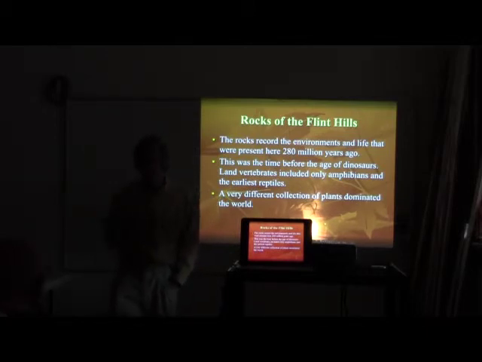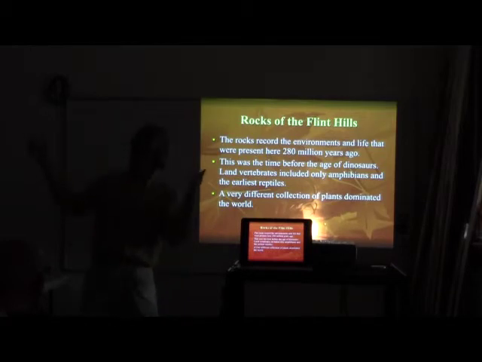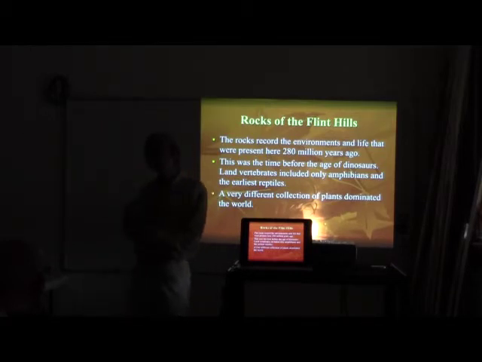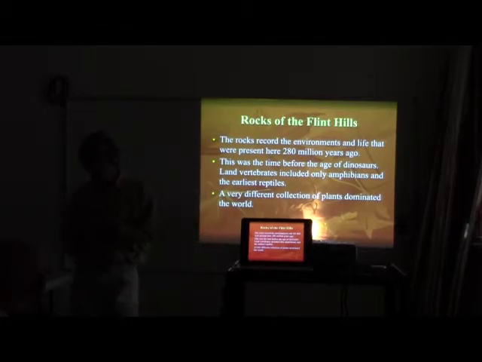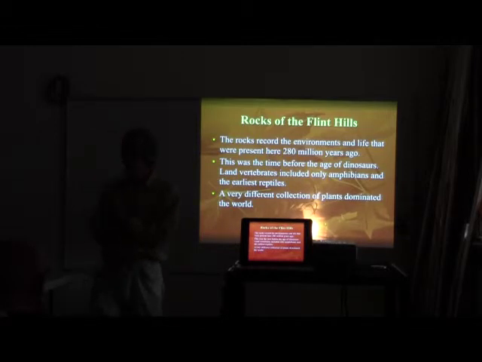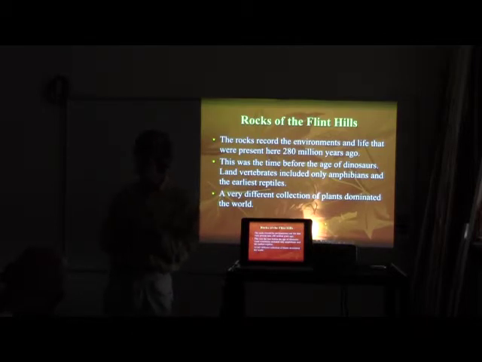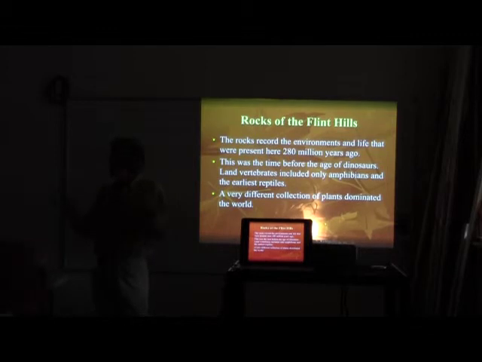So people might ask, well, was this the time of the dinosaurs or something like that? And it's older than that. This particular time was shortly after the appearance of the first reptiles. First reptiles appear at the end of the Pennsylvanian. So this is very early in the history of terrestrial vertebrate life.